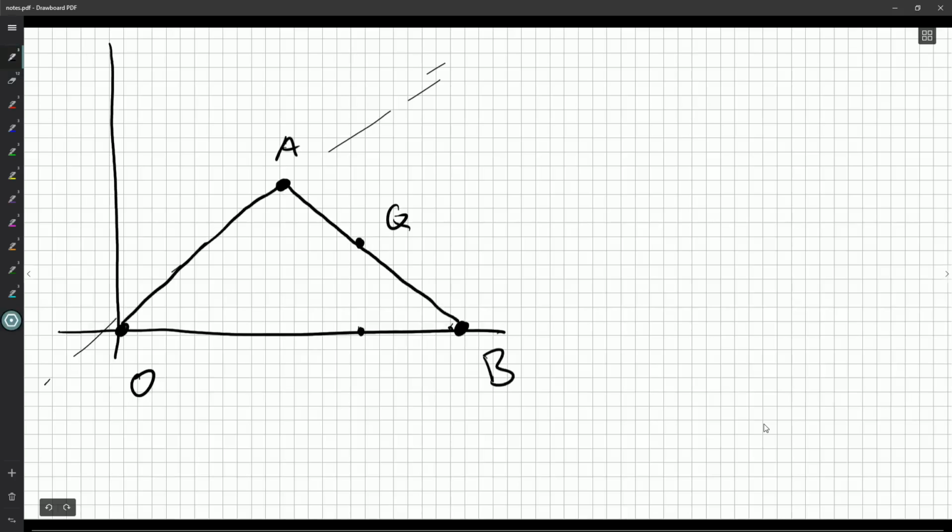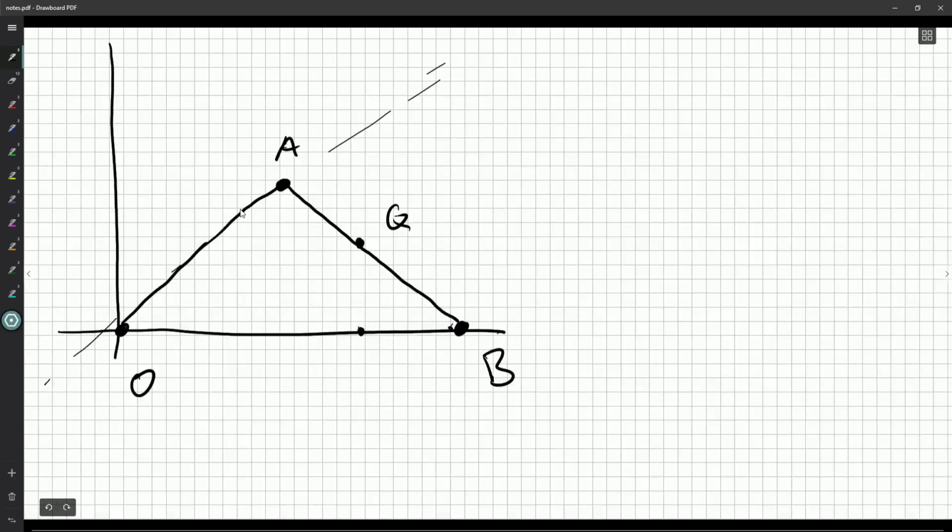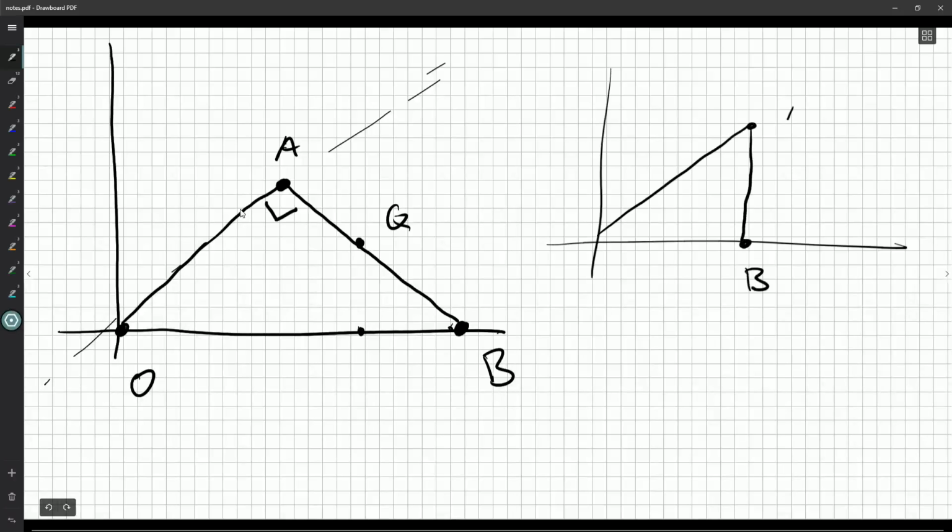Well, we are told that b is greater than or equal to a. So we could have our right angle up here at A, although there's a possibility that we would get AB like this.